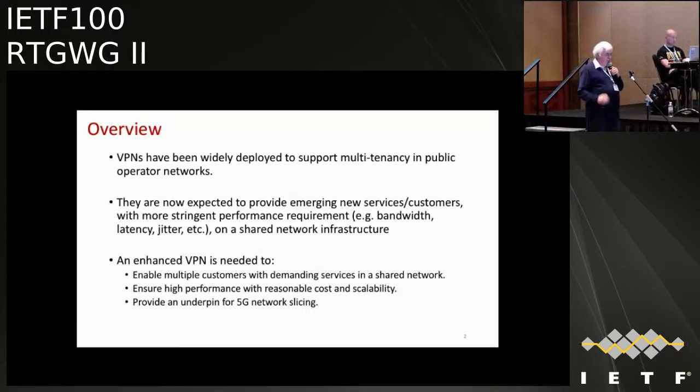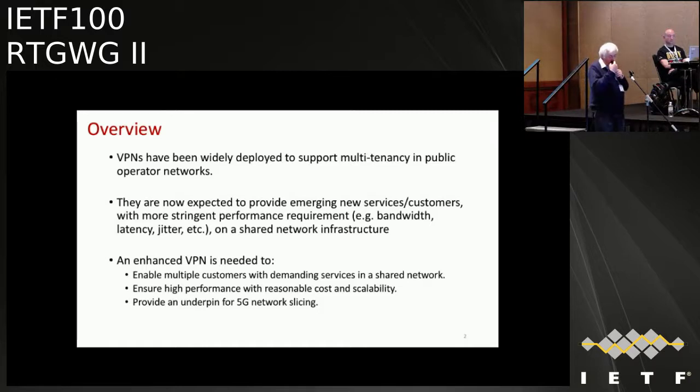So VPNs have been widely deployed to support multi-tenancy in public operator networks, right? I mean, that's one of the things they're well known for. They're now expected to provide emerging new services and new customers with more stringent performance requirements, for example, bandwidth, latency, and jitter on this shared infrastructure.